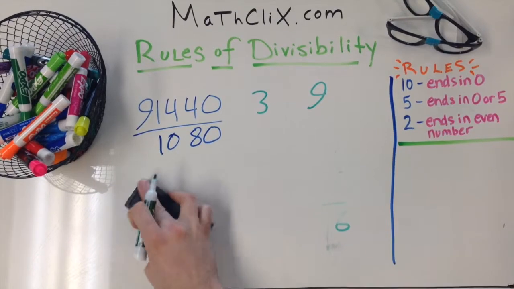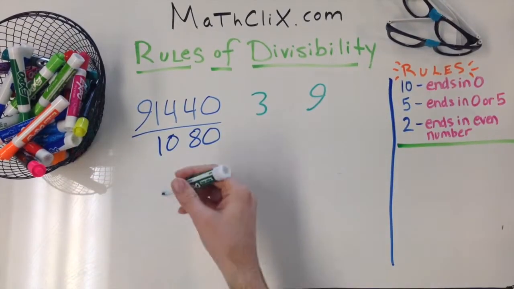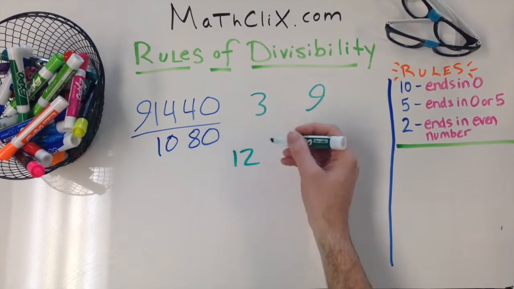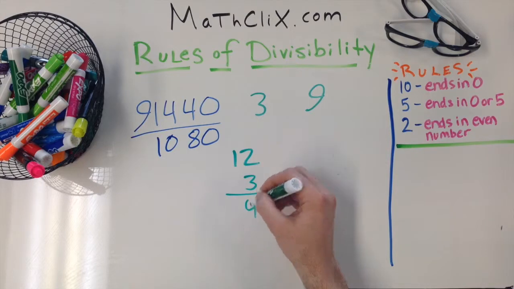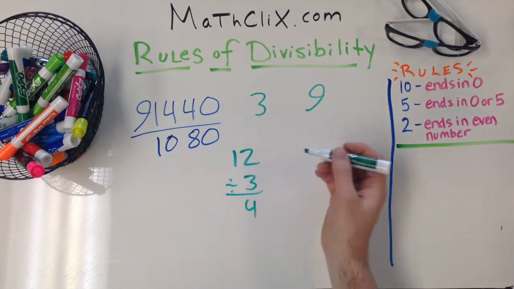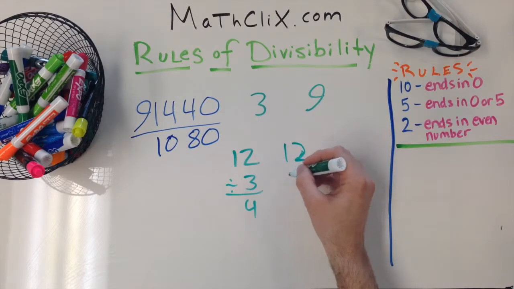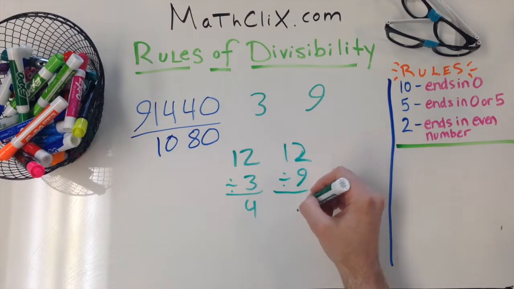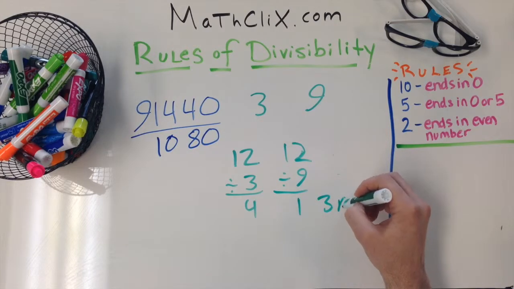But let's get a number that we know is not divisible by 9. So take 12, for example. 12 divided by 3 is 4. But 12 divided by 9 is 1 with 3 remaining.